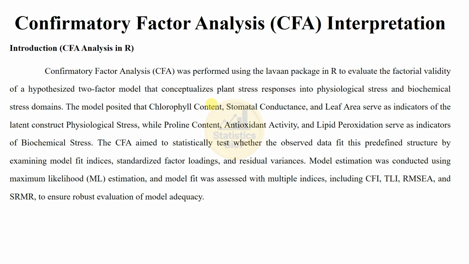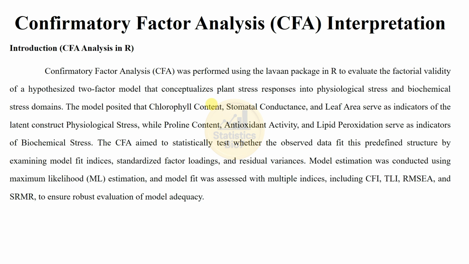The model postulated that chlorophyll content, stomatal conductance and leaf area serve as indicators of the latent construct physiological stress, while proline content, antioxidant activity and lipid peroxidation serve as indicators of biochemical stress. The CFA aimed to statistically test whether the observed data fit this predefined structure by examining model fit indices, standardized factor loadings and residual variances.